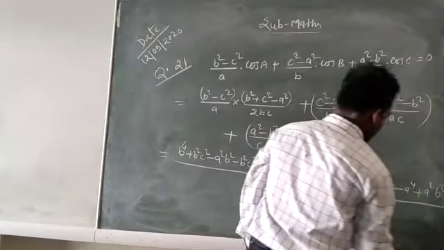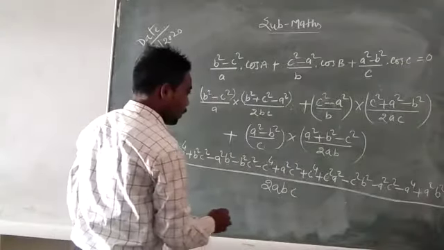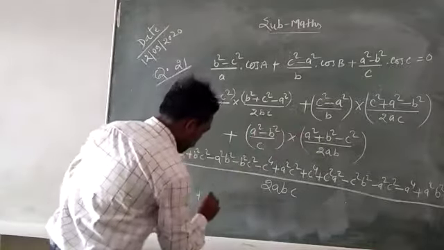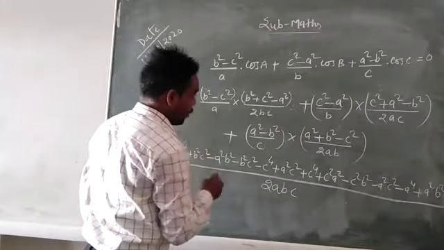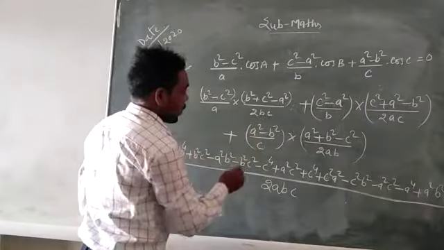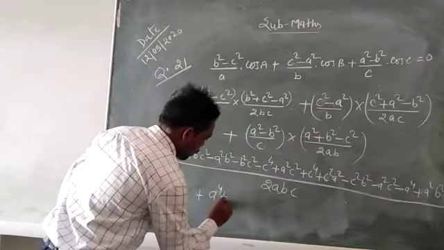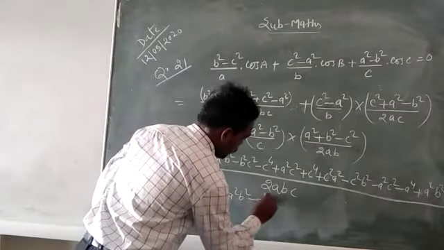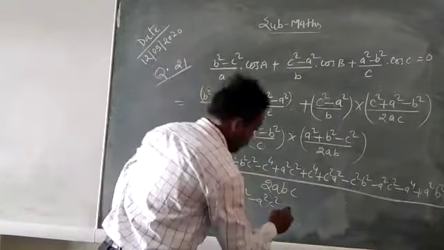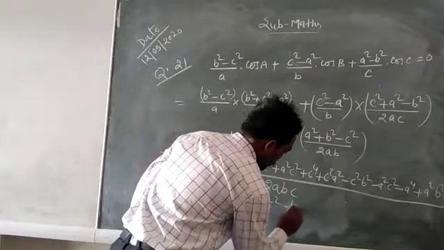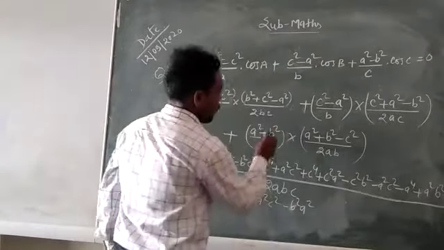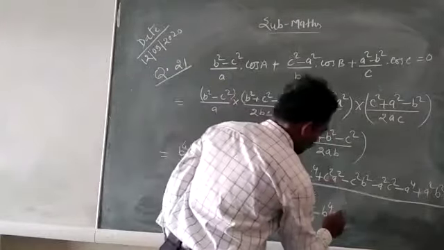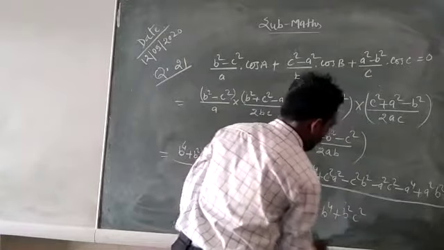Then plus a square b square, and the same here, plus a power 4, plus a square b square, minus a square c square, minus b square a square, minus b power 4, and plus b square c square.